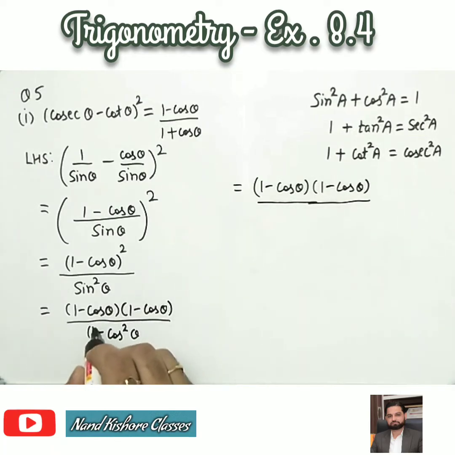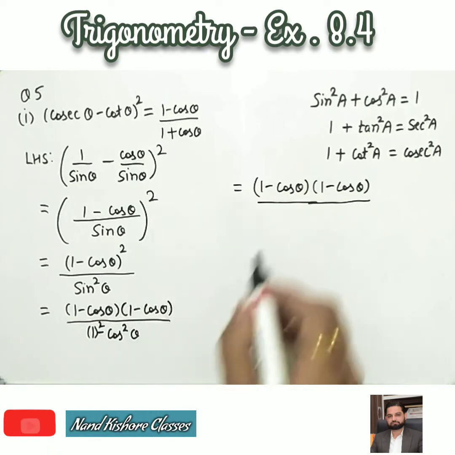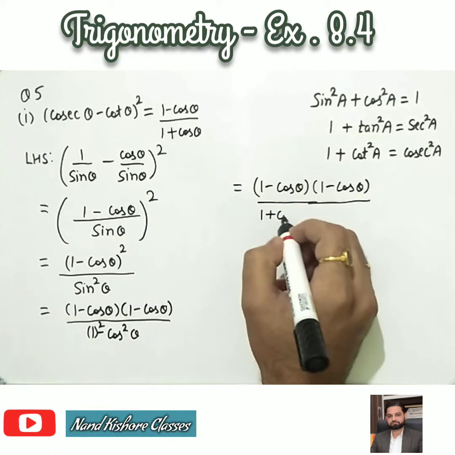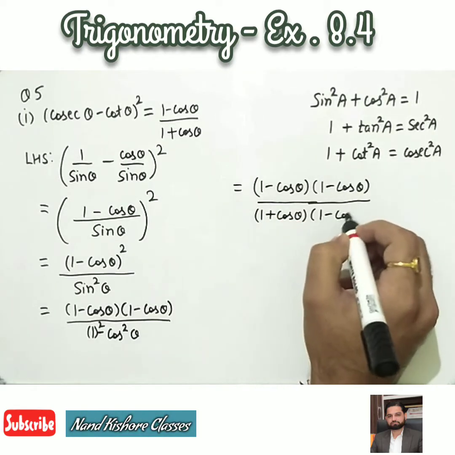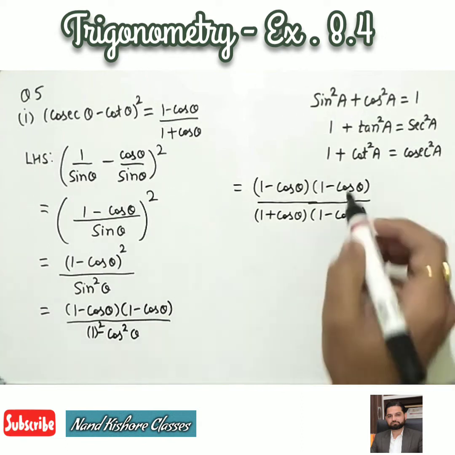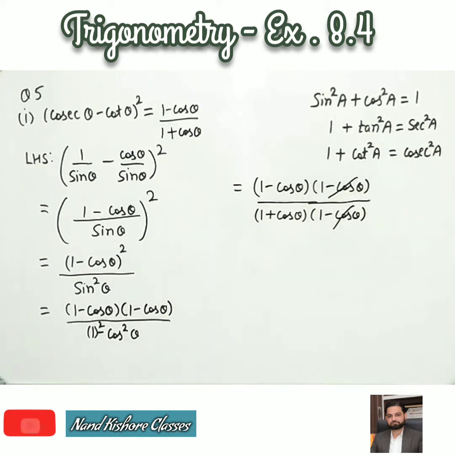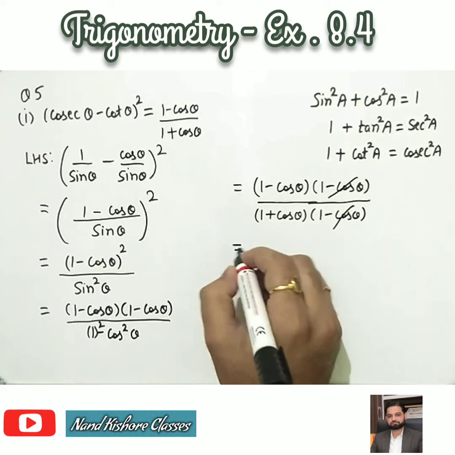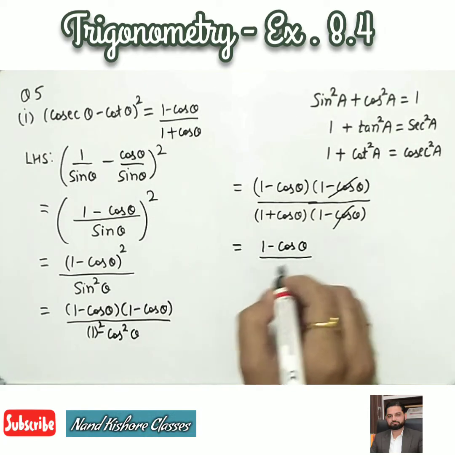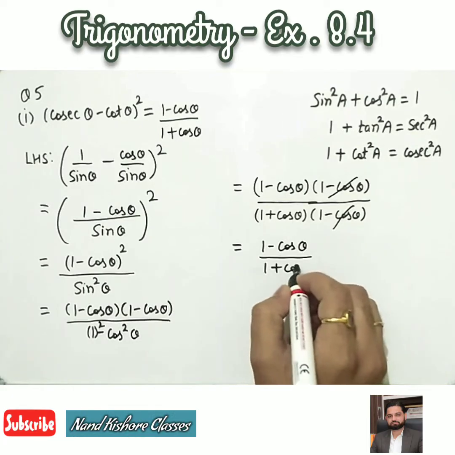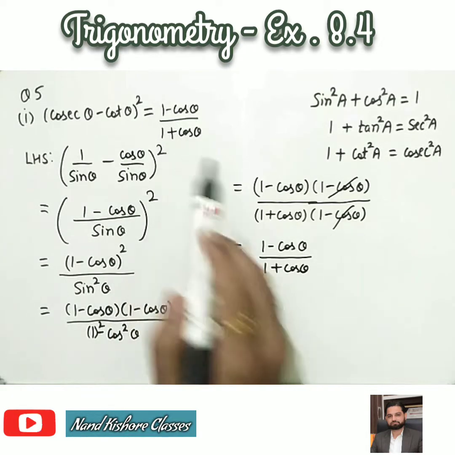This 1 I can write it as 1 square, right? So what will it become? A square minus B square. Its formula will be (A plus B)(A minus B), right? And see, these two terms are same, these are cancelled, and finally we get (1 minus cos theta) over (1 plus cos theta), and that is what I wanted to prove.